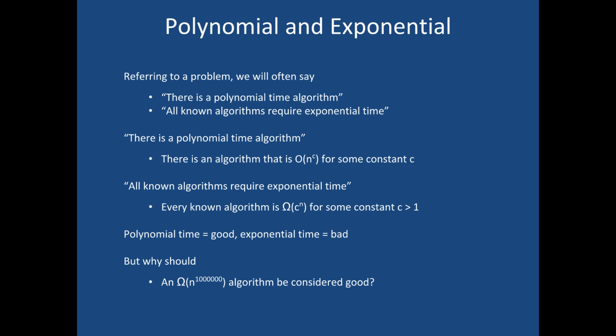What's good about an algorithm that requires n to the millionth power? So the worst case requires at least n to the millionth. Why should that be considered good? We care more about doubling behavior. Well, yeah, we care about doubling behavior, but if it's doubling from 10 years to 20 years when you double the input size from 4 to 8, that's not a very practical algorithm.